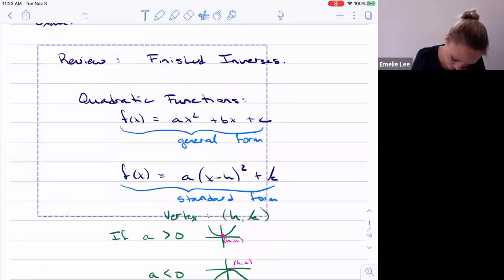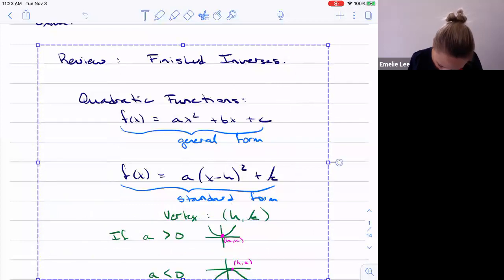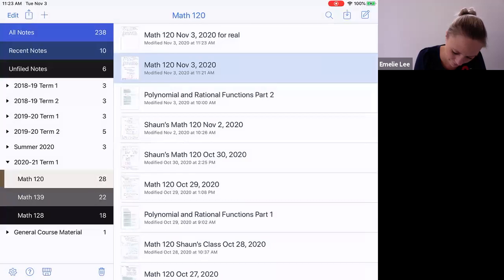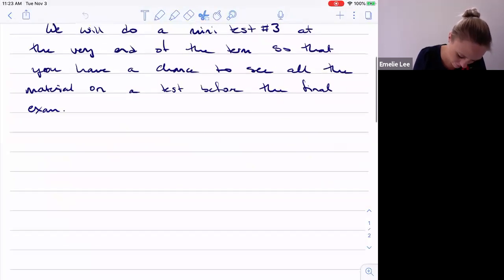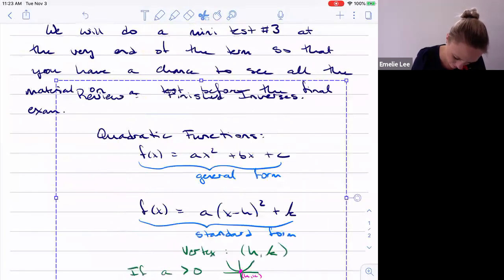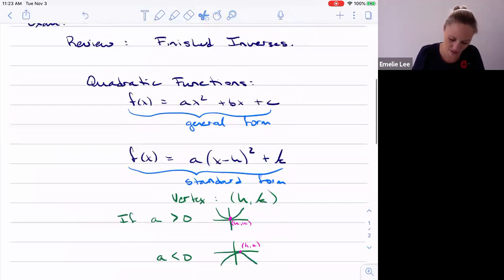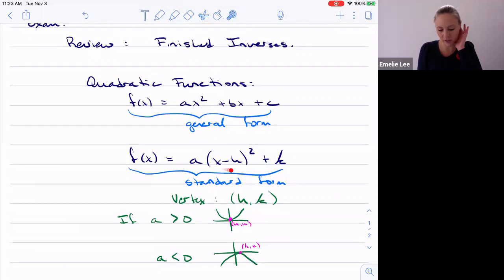Then we talked about, okay, so let me copy this. We finished inverses, and then we talked about quadratic functions. The hard part is putting it into standard form.